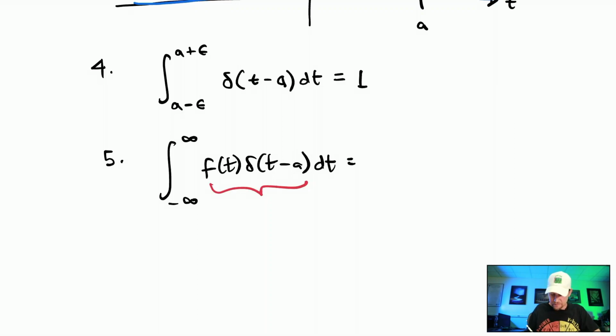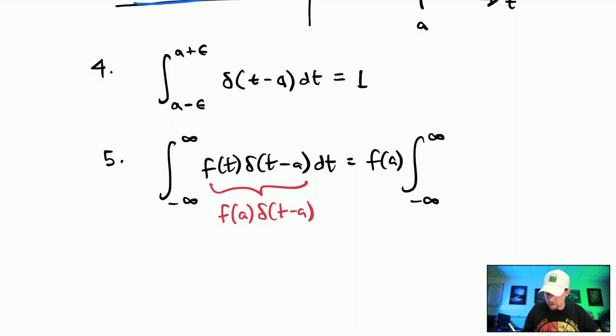So this portion itself is the same thing as f of a times delta t minus a. If that's the case, then f of a is a constant. I can bring it outside of the integral, and then I would be integrating the impulse function over the place where we have that singularity. This by definition is 1, so this just takes on the value f of a like this.